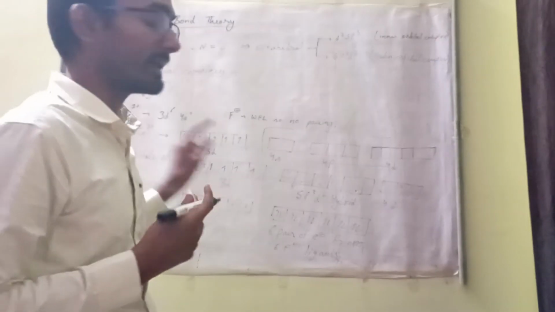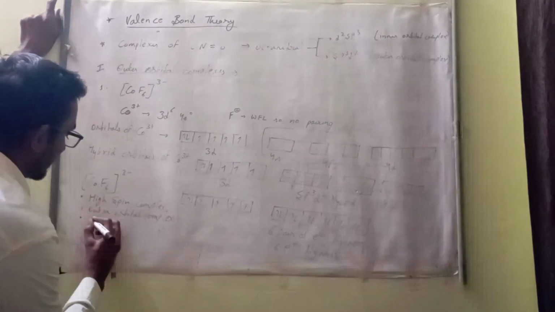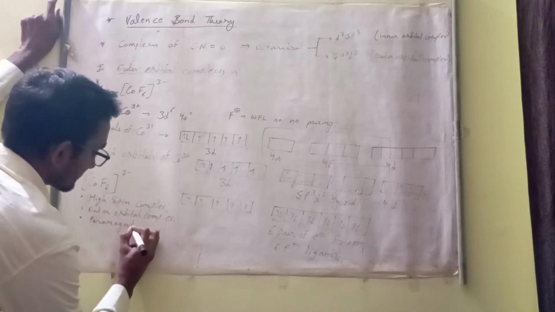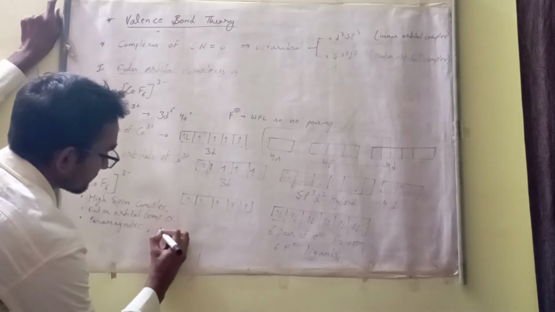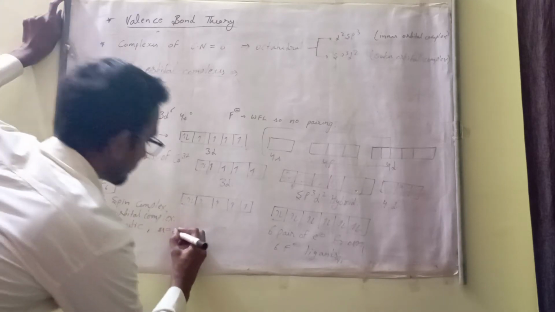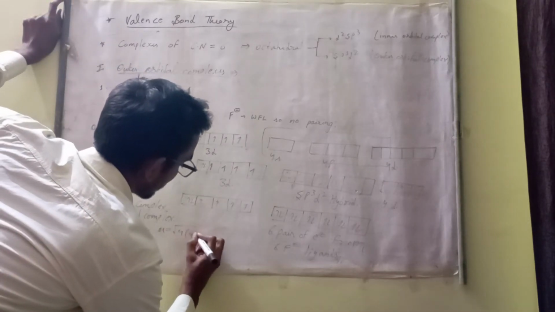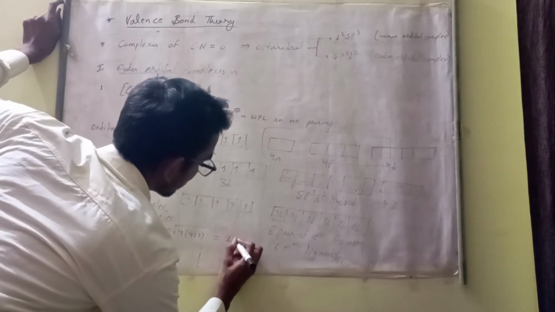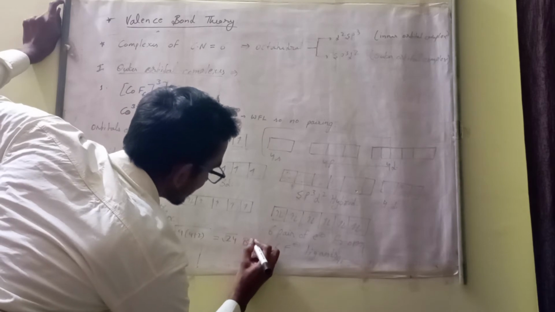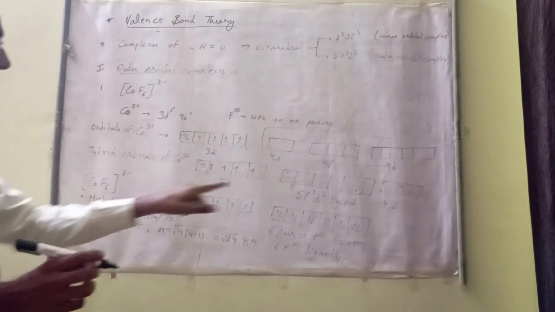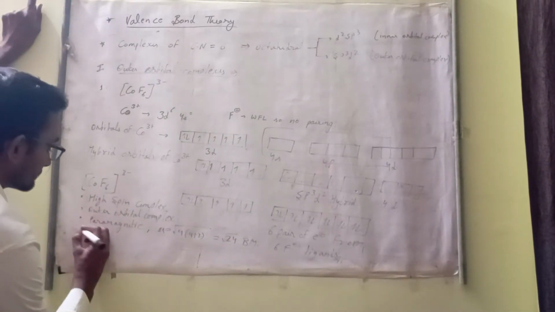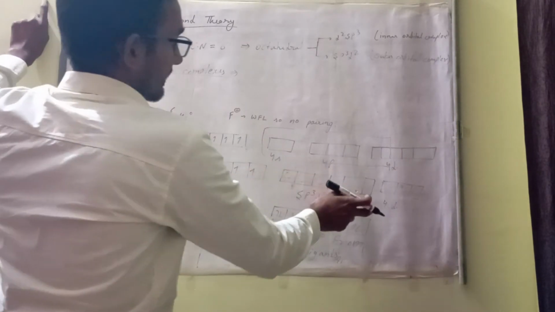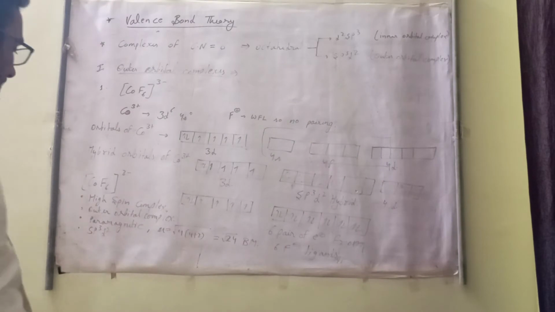That means it is paramagnetic, and mu is equal to under root of 4 plus 2, which is 24, under root of 24 Bohr magneton. Okay, and hybridization is sp3d2. That means it is an outer orbital complex.